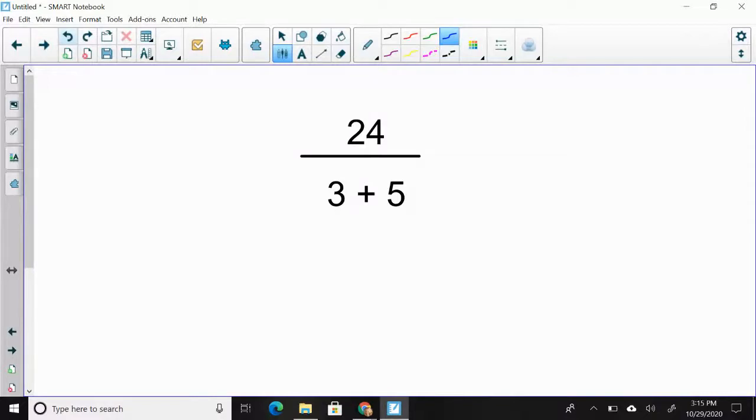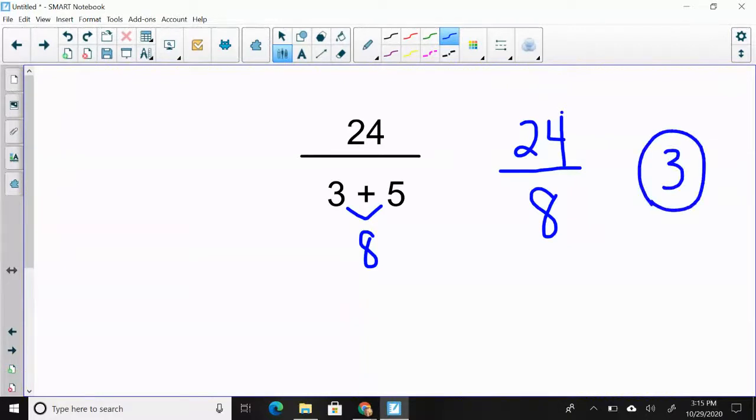So again, we are going to solve 3 plus 5 first. And 3 plus 5 is 8. And so now our problem looks like 24 over 8. And 24 over 8, or 24 eighths, which means 24 divided by 8, is 3.